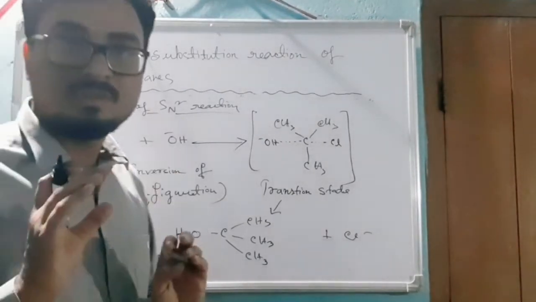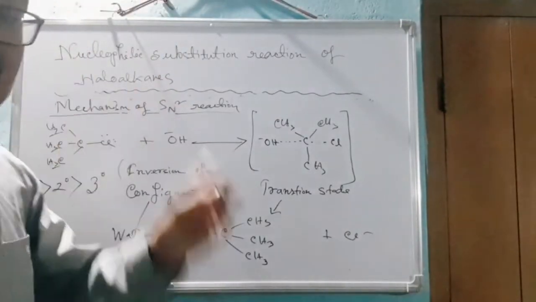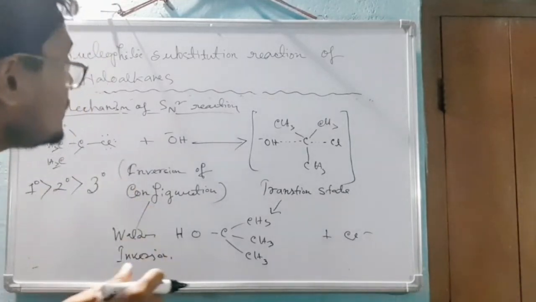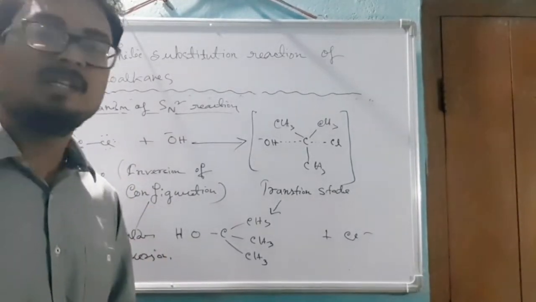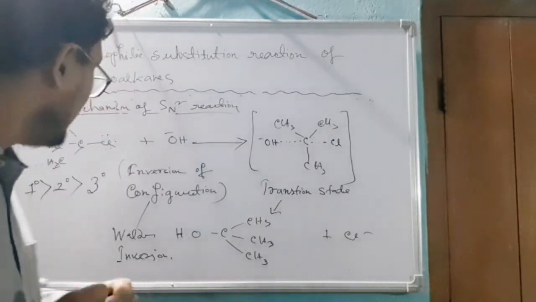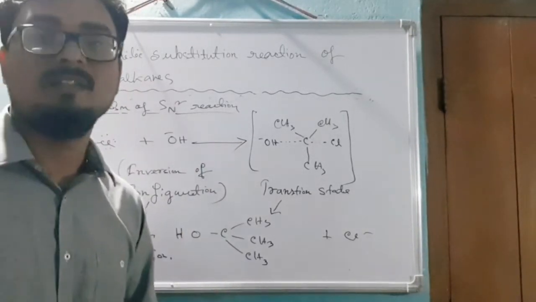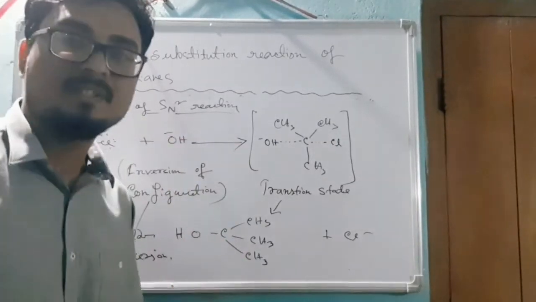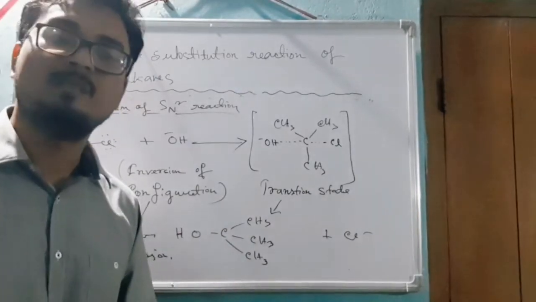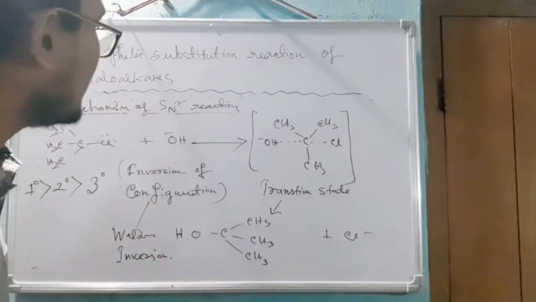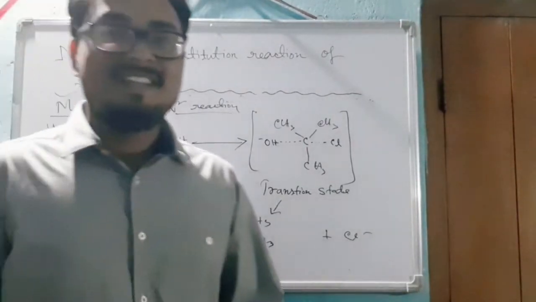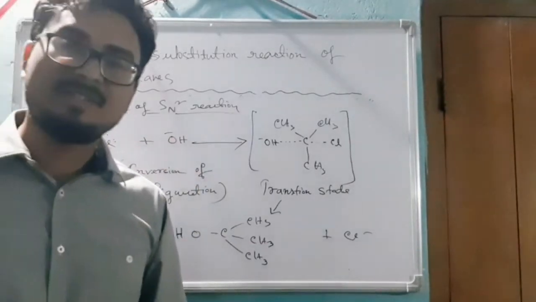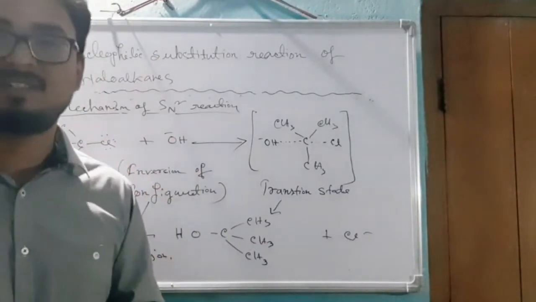Question: in Sn2 reaction, among primary, secondary and tertiary, which is more stable? We write that primary carbocation is more stable in Sn2 reaction, while in Sn1 reaction 3-degree carbocation is most stable.